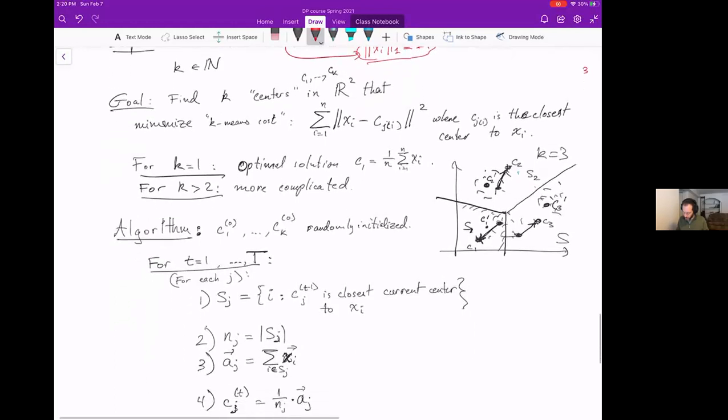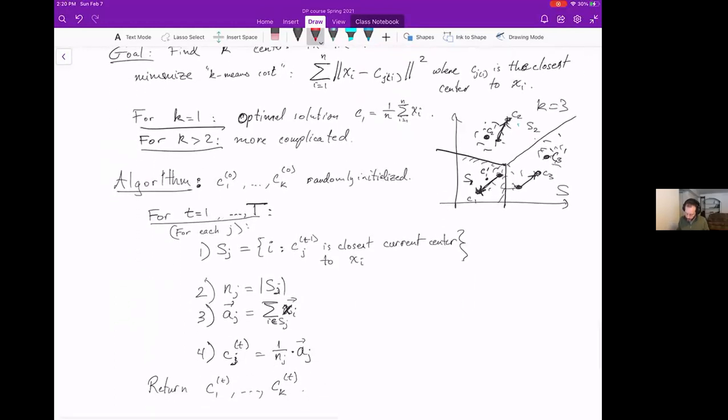Now we're going to add noise, at each stage of the algorithm, to these two quantities right here, 2 and 3. Because these are sums, I can use the Laplace mechanism.